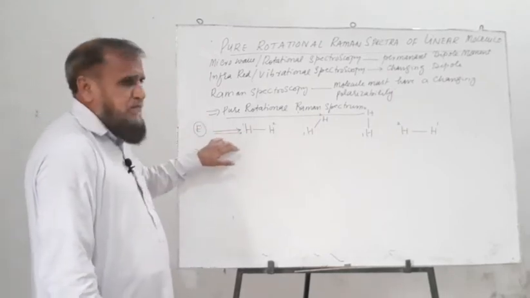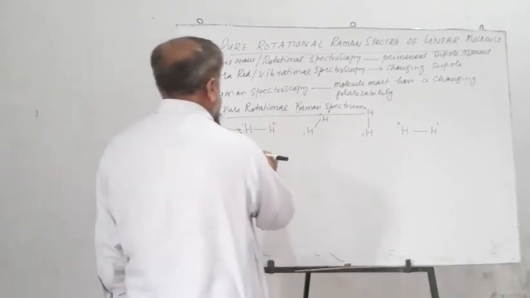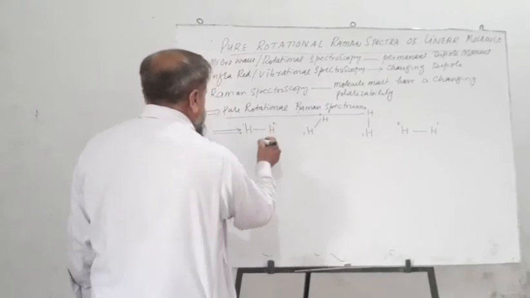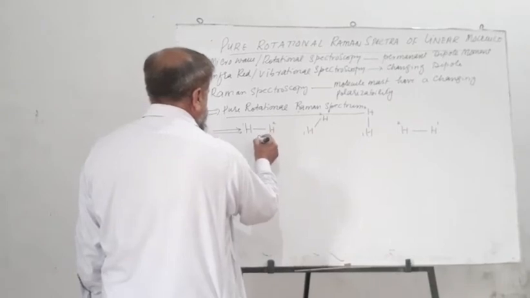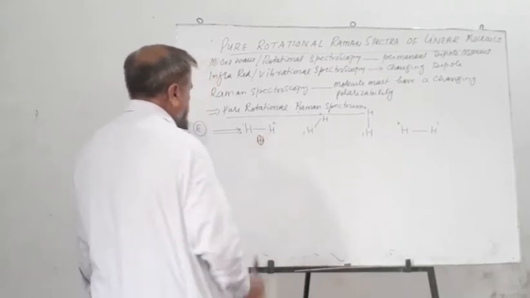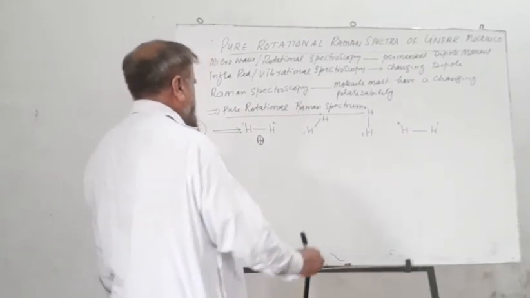Now we know that the hydrogen molecule is anisotropically polarizable. Here it will have maximum polarizability, represented by a very small polarizability ellipsoid. In this direction, polarizability is maximum and perpendicularly the polarizability is less.